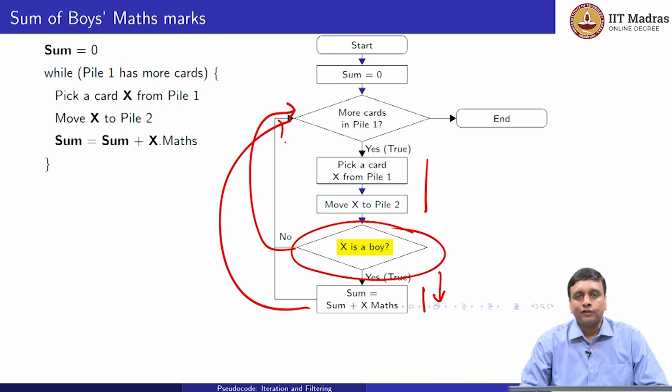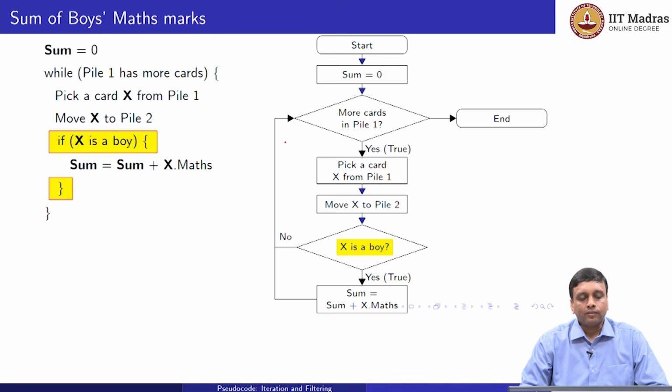So we need to transfer this notation to our pseudocode. So earlier we have seen that while represents a condition which happens again and again until the condition fails to be true. But in this case, for each card we want to do this once. So we use a different word, again a word which is common from English, called if. So we say that if x is a boy, then we add sum plus x dot maths to the value of sum.